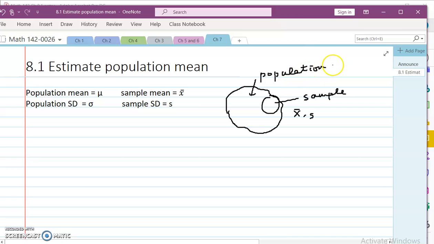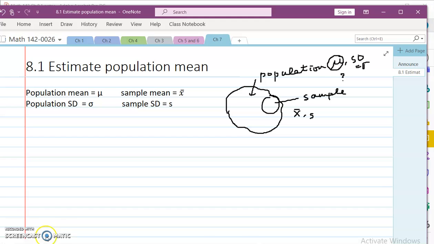For the population, it should have a mean, and if we have all the data, it should have a standard deviation sigma. But we don't have all the data, so these are unknown. In this situation, how can we use X bar to estimate it?